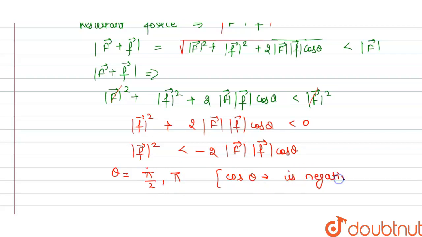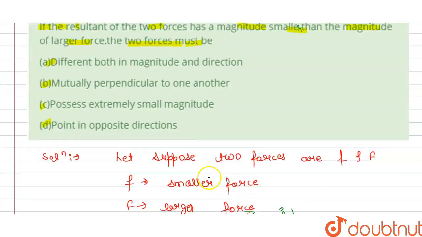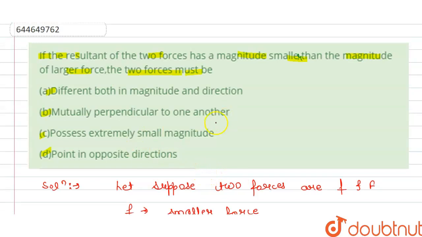Now we check according to the options which option is correct here. The forces must be different in magnitude and direction, so this is incorrect. The direction is correct, but it doesn't depend on the magnitude. If the direction is given and theta is given then this option would be correct, but here no theta is given, so this is incorrect.